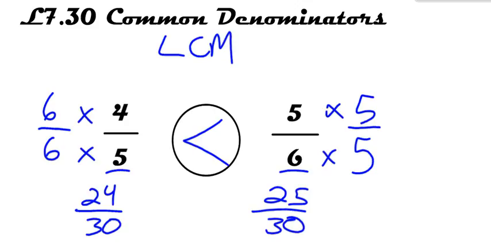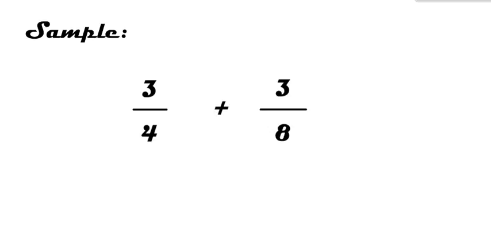But we found a common denominator, and in the end, we actually did use the least common multiple to solve this problem. Let's try another one together. Actually, no. Why don't you try this one alone? You see, when we add fractions, we need a common denominator.